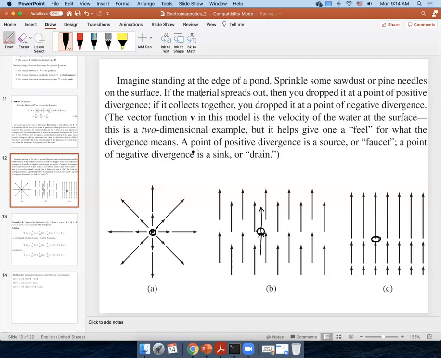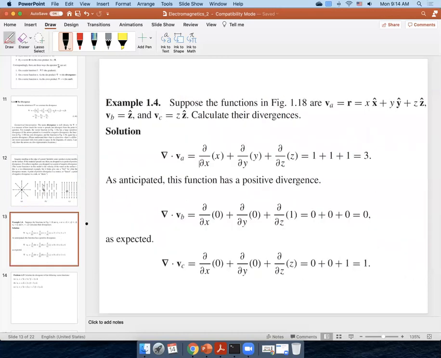Or in another way, a point of positive divergence is a source or faucet. A point of negative divergence is a sink or a drain. For example, in picture A, if you reverse all the arrows to point into the point, then the divergence at this point should be negative because there are too many vectors flowing in. Okay, now next.